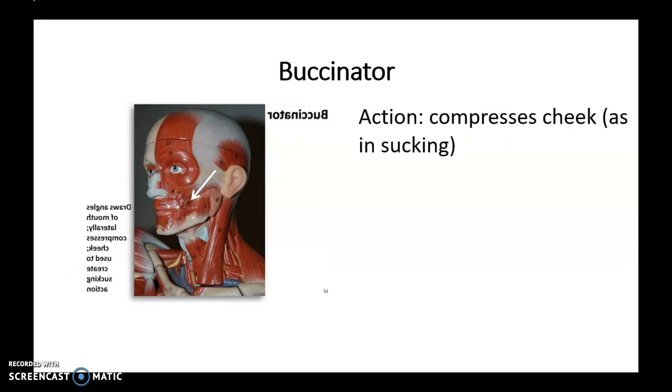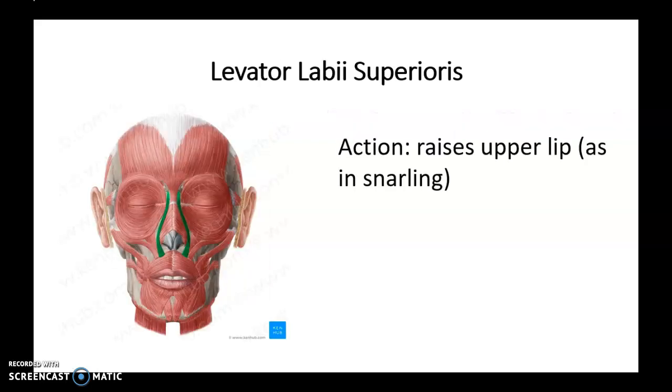The next one is buccinator, and I don't think buccinator is on your hit list. Please do double check. Buccinator is a deep muscle, and this is the sucking muscle. Babies have really well developed buccinator because they suck all the time. Then the next muscle is levator labii superioris, which is not the green muscle here.